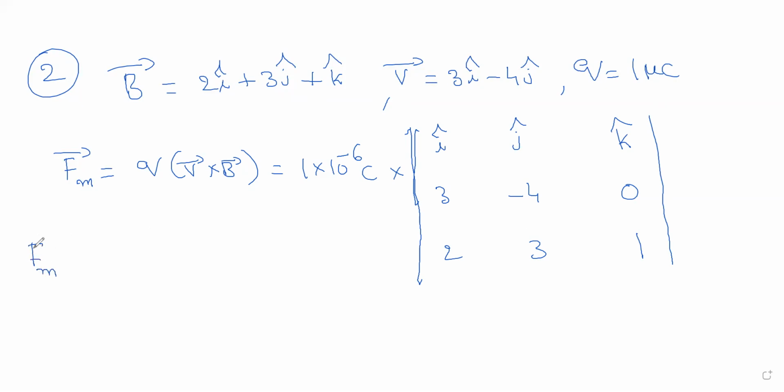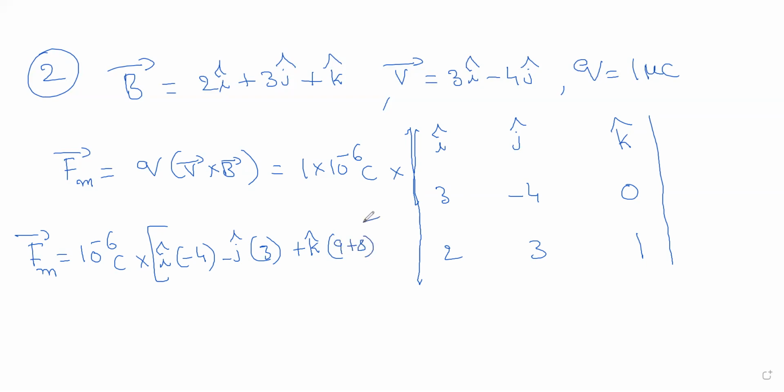So F_M bar is 10 to the power minus 6 coulombs, and you have I cap into minus 4, minus J cap into 3, plus K cap into 9 plus 8, 17, right?